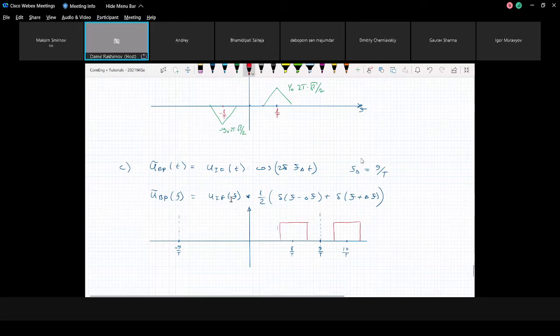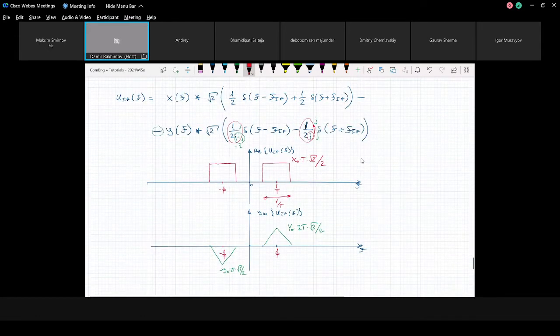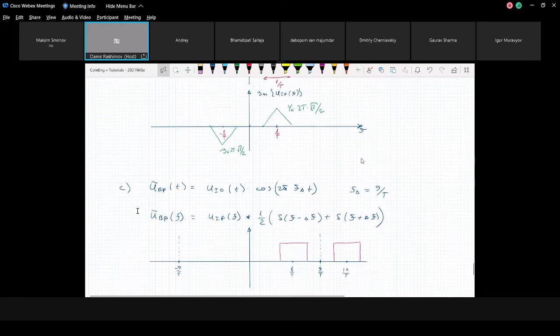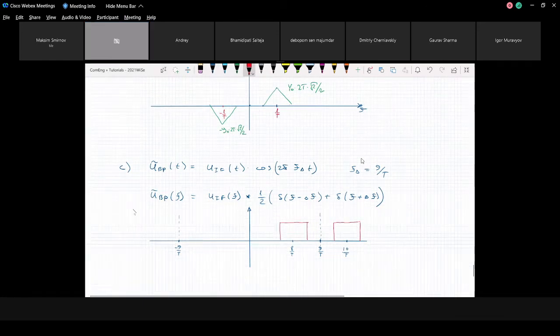Also, because I have a second delta pulse, I shift by frequency minus 9/T, and I also have to specify these two rectangular functions. Like this. And what will be the amplitude of each rectangular function?